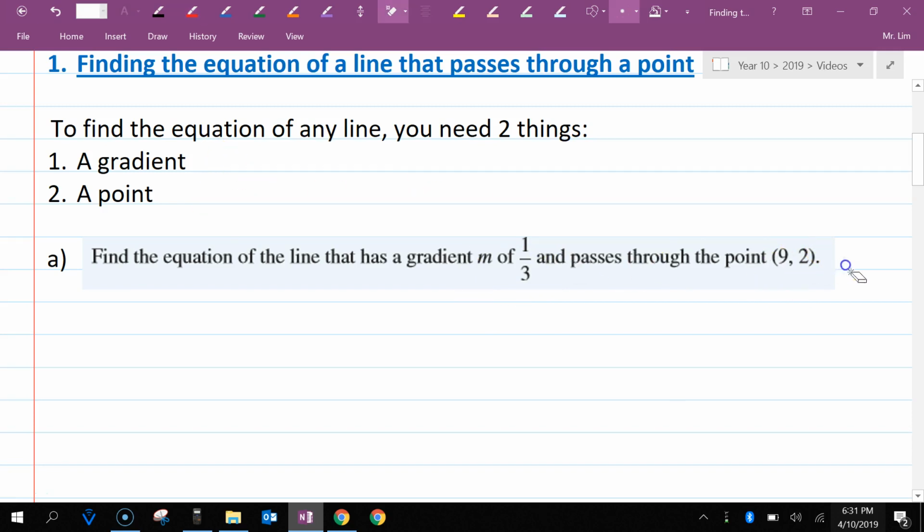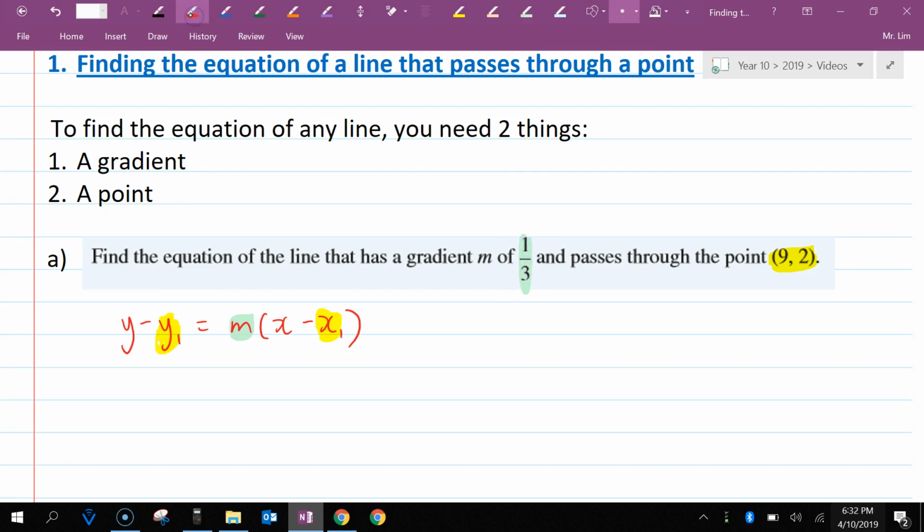In order for us to find the equation of this line, we're going to use a formula called the point gradient formula, which in this case is y minus y1 is equal to m bracket x minus x1. The y1 and the x1 are the coordinates of the point, and the m is the gradient.